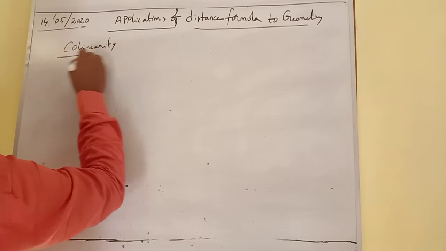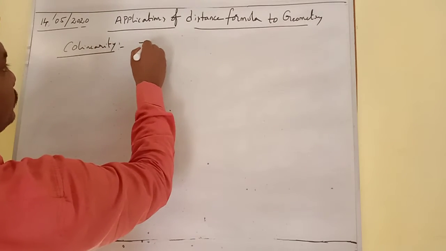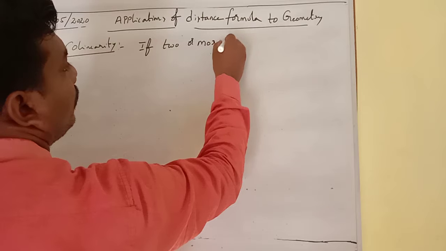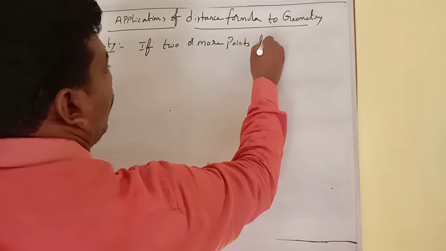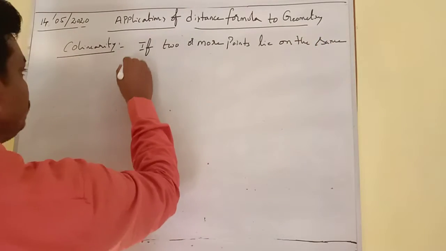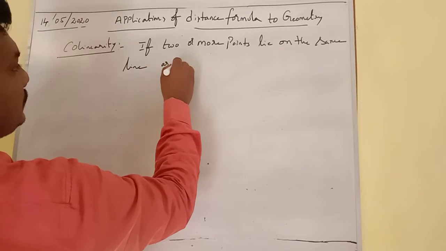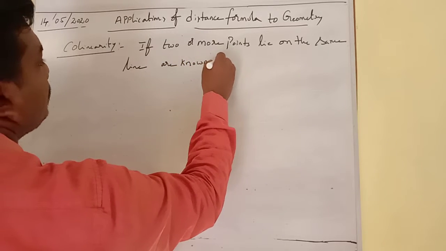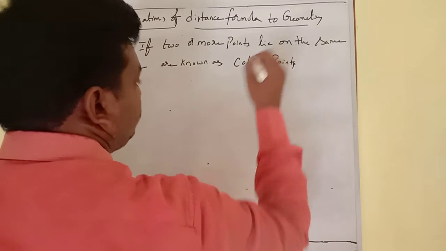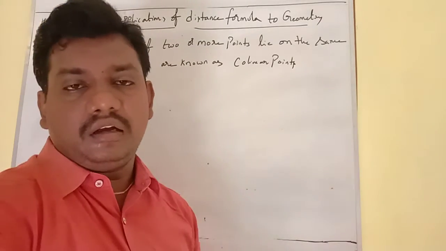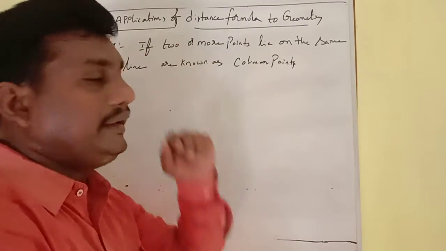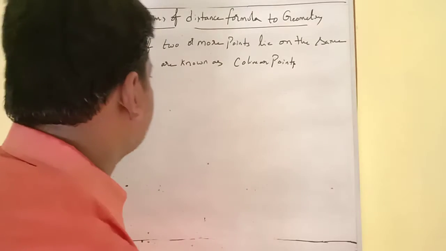If two or more points lie on the same line, they are known as collinear points.